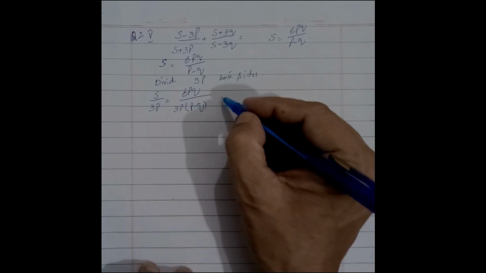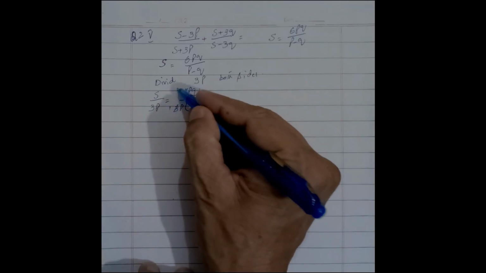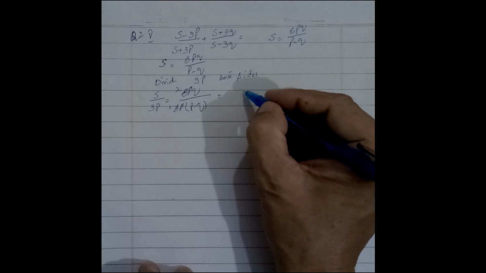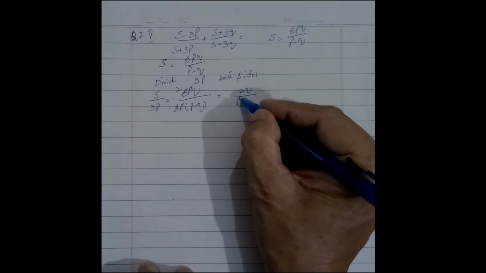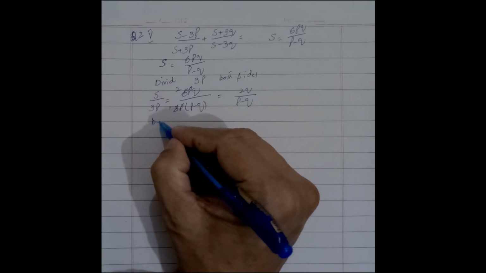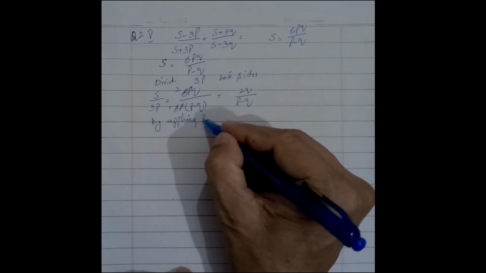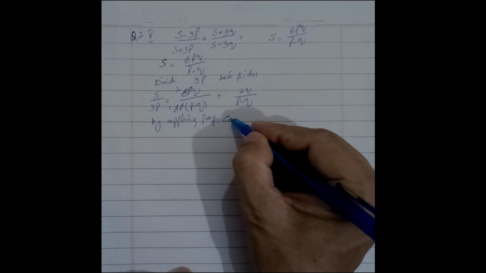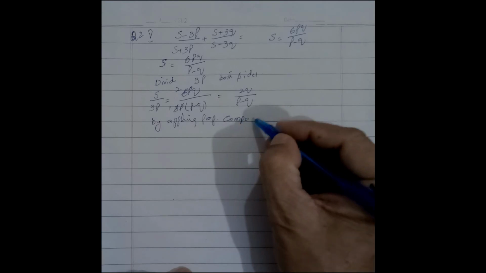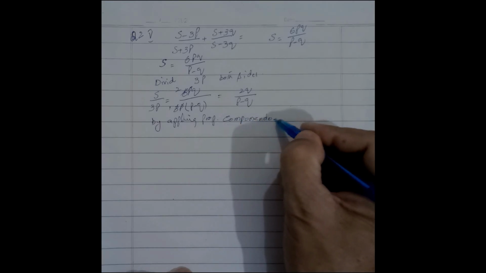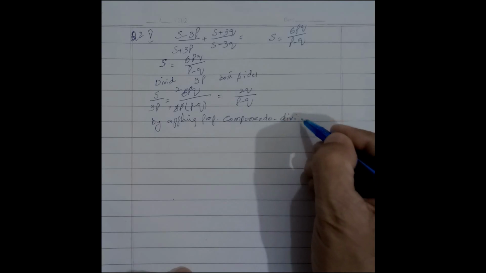Now simplify these values. 3 ones are 3, 3 twos are 6, p cancels with p, we have 2q over p minus q, and it is equal to s over 3p. Now we apply the property componendo dividendo.